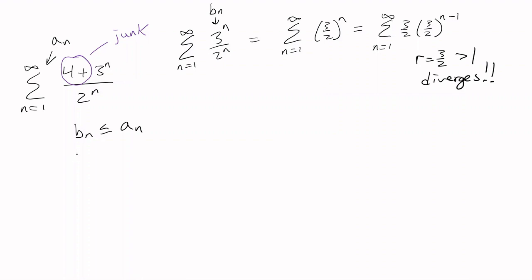So that's the same thing as saying this is smaller than my original. That's what I want to show. I need this. Because if I can show that this is true, then I can use the fact that my new series diverges to show that it's going to force my old one to diverge.